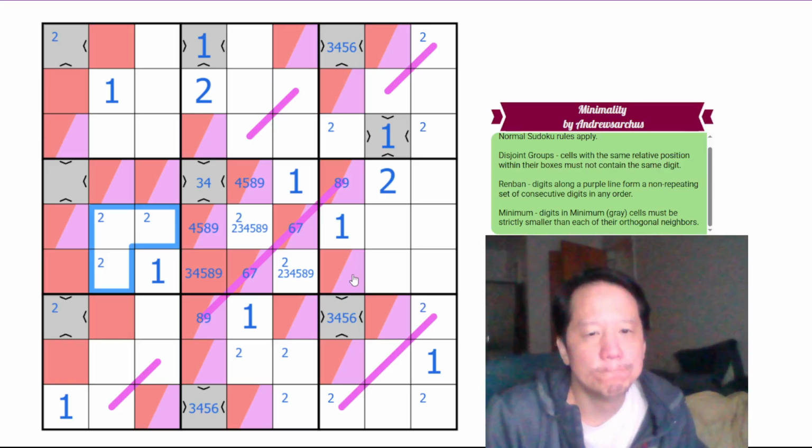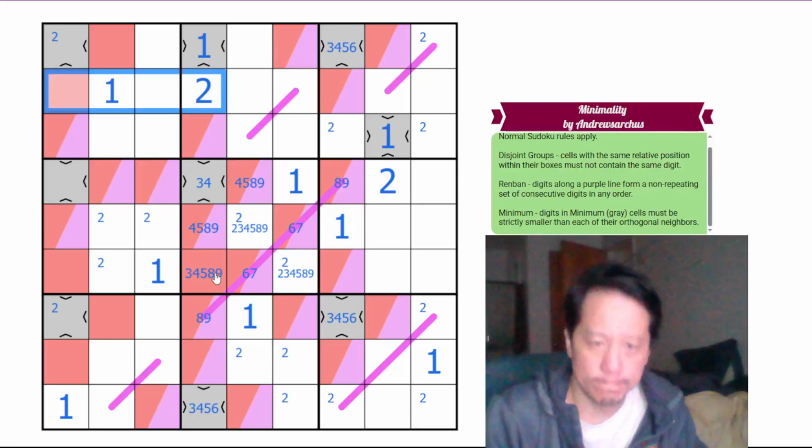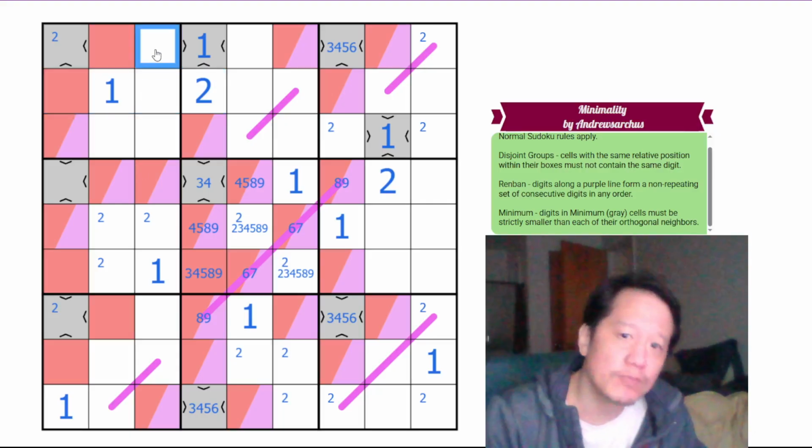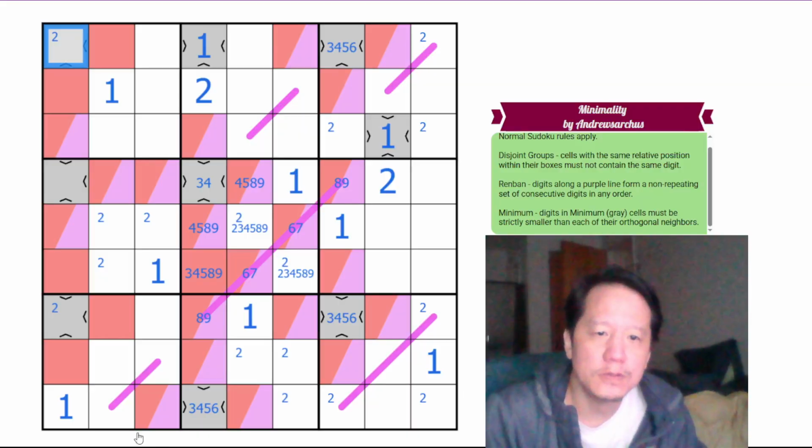Where is 2? Two could be here. 2 could be here.